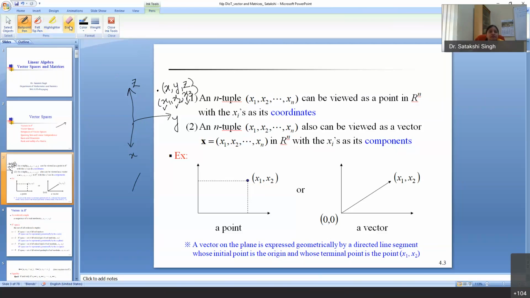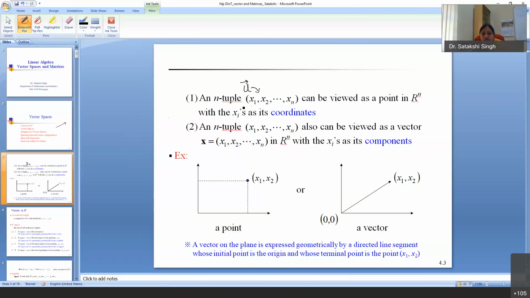But we not only express these vectors in a two-dimensional plane or three-dimensional space; using linear algebra, we usually think of the vector in an n-dimensional space. So in the n-dimensional space, any vector is written as an n-tuple of components, which are called the coordinates. Let us say you have a vector u. This will be represented in this form, x1, x2, and so on up to xn. It will have n components.